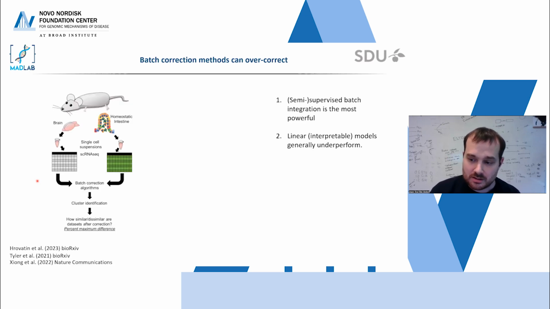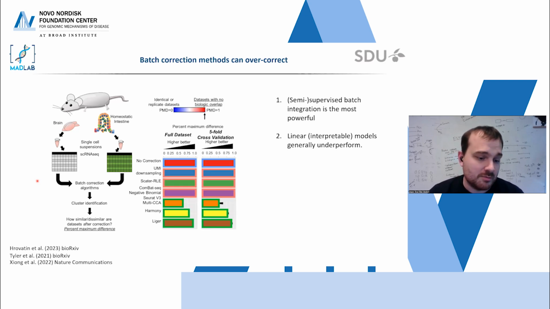So here, the Schat group from the Icahn School of Medicine made an in silico mixture of single-cell RNA sequencing from the brain and from the homeostatic intestine in mice, and then ran batch integration and evaluated how dissimilar the data sets are after correction. These two data sets shouldn't integrate. But what they actually found is that some of the methods integrate them quite substantially. Here is Seurat and Harmony, and to some extent LIGA, that mixes these data sets even though they are distinct.